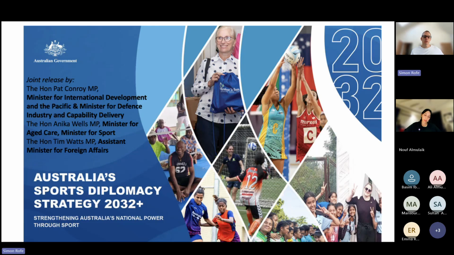And that's because if you look at the constituent parts and recognizing that different governments do things differently, take a moment to just read not necessarily the names of the MPs involved, but the ministries they represent. So, international development, for the defence industry and capability, the Minister for Aged Care, and the Ministry for Foreign Affairs.